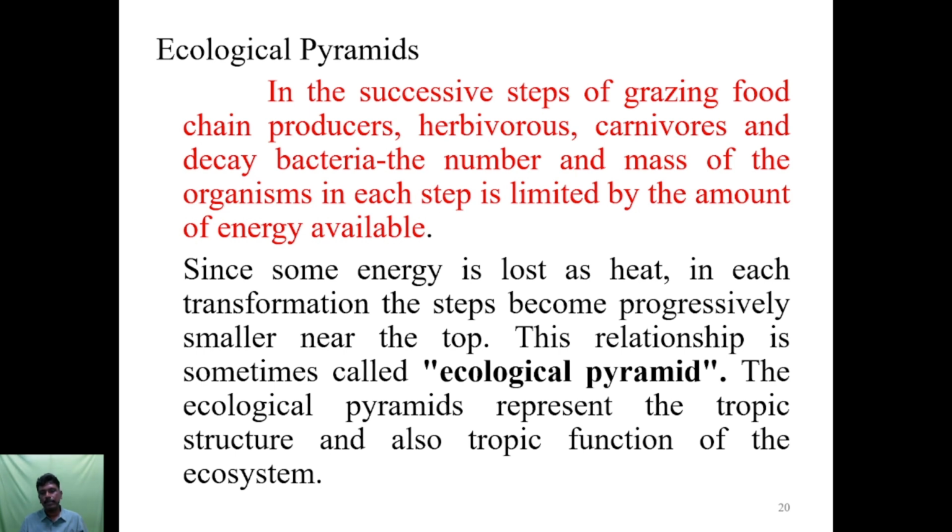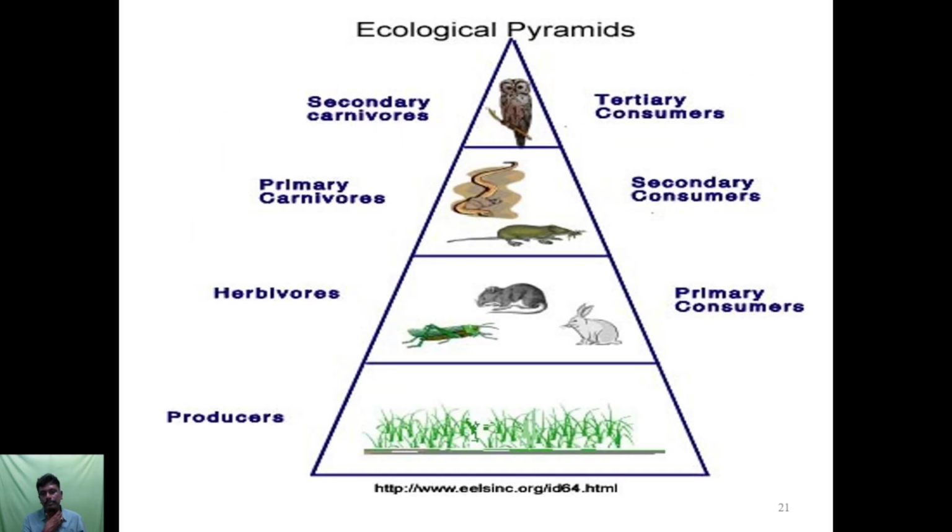The ecological pyramid represents the trophic structure and also trophic function of the ecosystem. This is the ecological pyramid. So in the pyramid, at the base we are having larger area. At the top we are having smaller area.